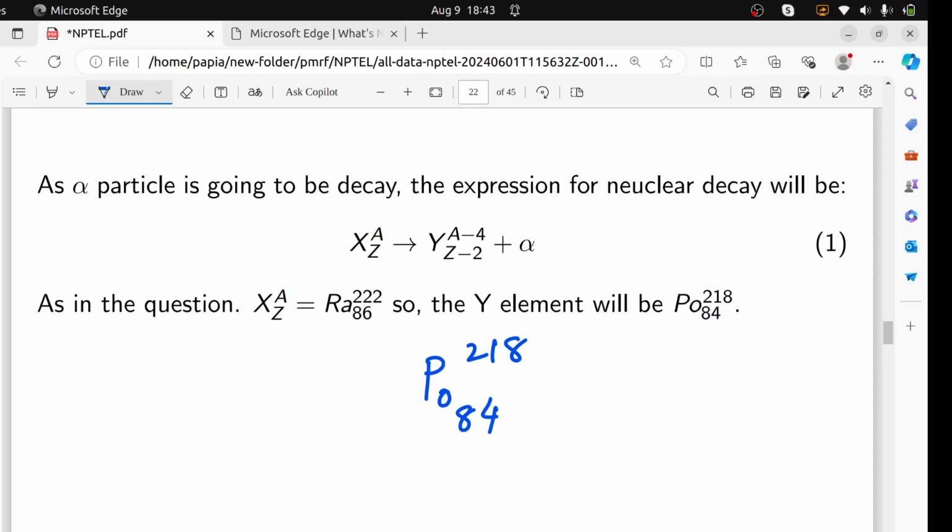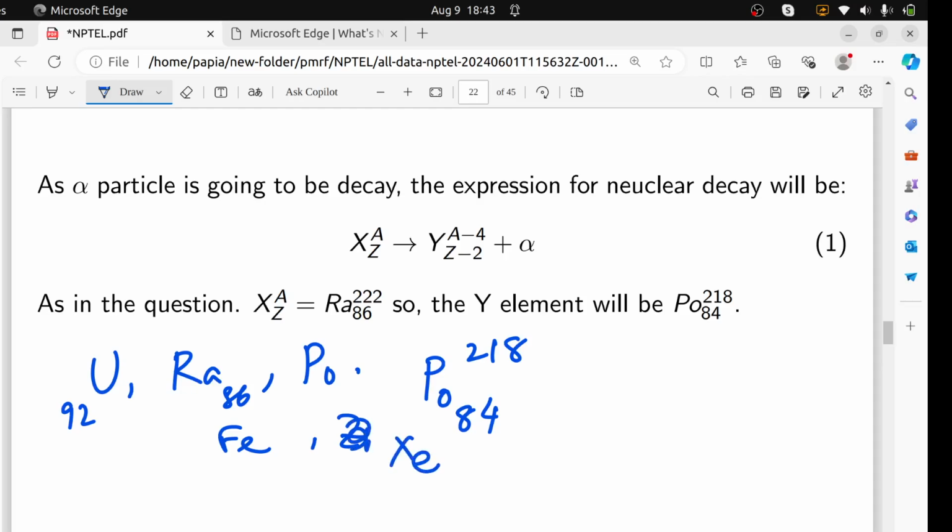Obviously we can't remember all the elements' Z values, but we can remember at least some that are very popular. Like uranium 92, then radon 86, then polonium, then iron, and then xenon.